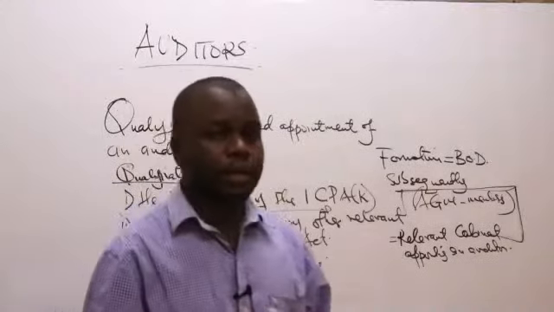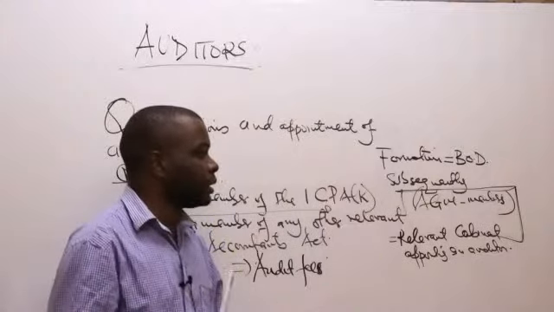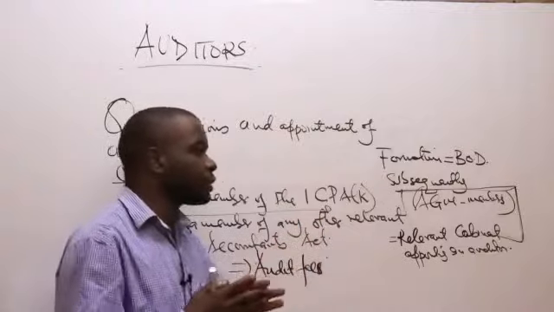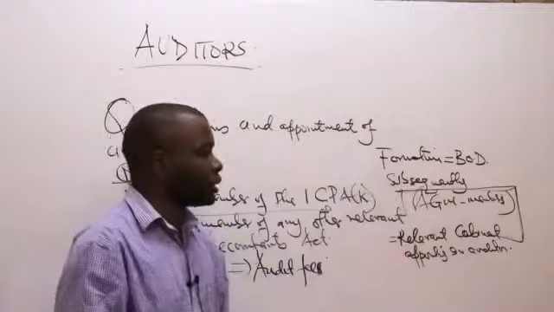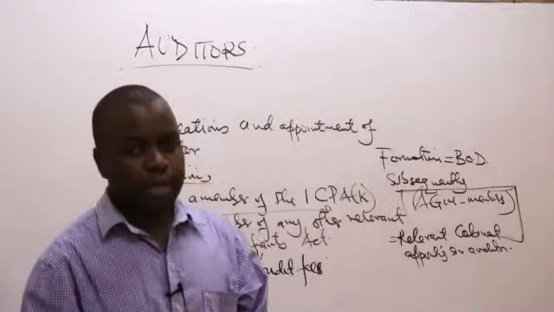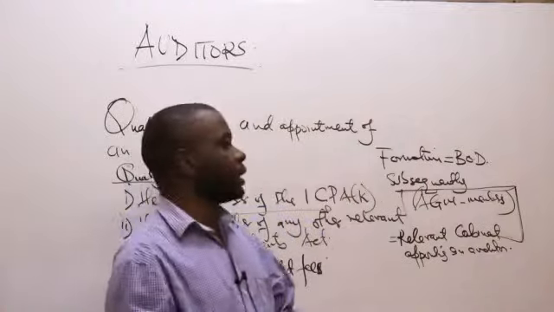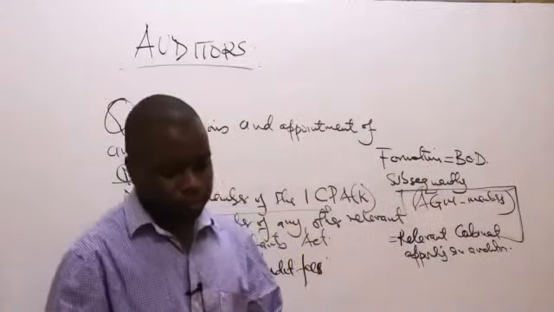Remember, there's a casual vacancy that arose before the first AGM. So the directors are the ones who will appoint the auditor to serve until the end of the first AGM. It will be filled by the directors of the company.